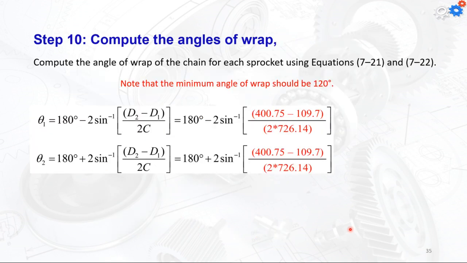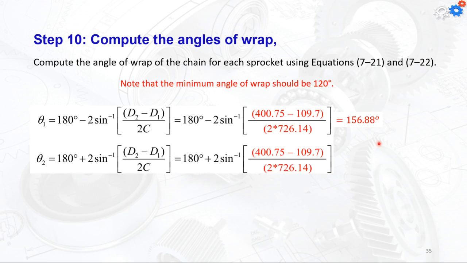And we're going to go to step number 10, which computes the angles of the wrap. We're going to compute the angle of the wrap of the chain for each of the sprockets using equations 721 and 722. Now the same equation, we just need to check for theta 1, and this should be at least 120 or more. So we're going to put all the parameters in, and we will come out with the value for theta 1 to be 156.88, which is okay.